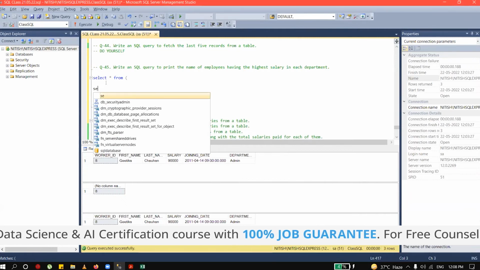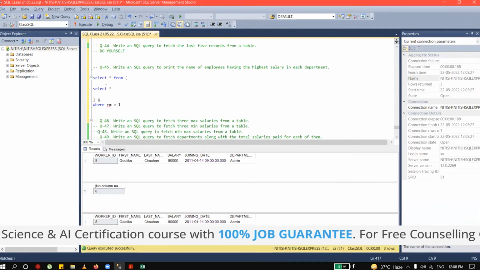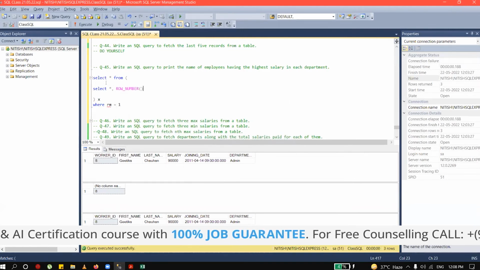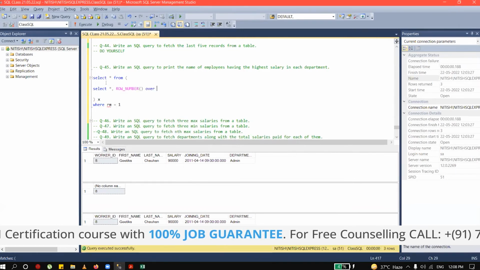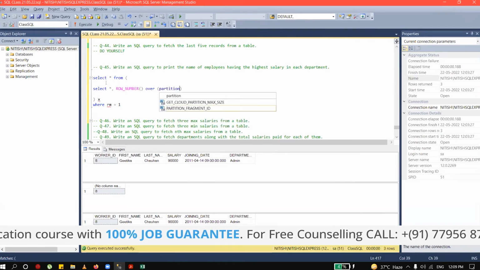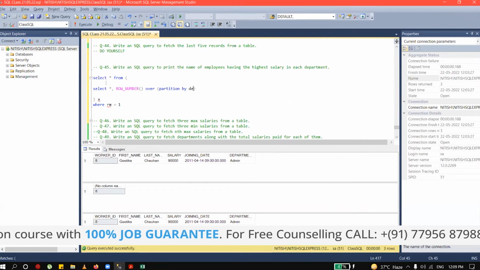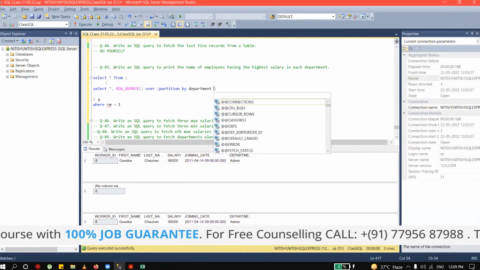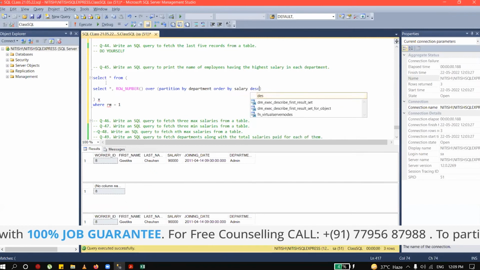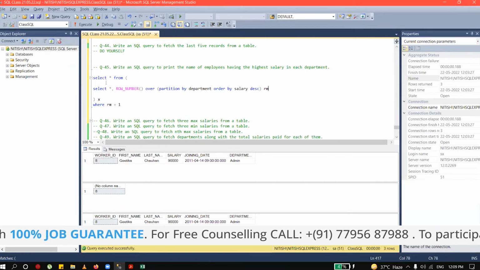Select all the records along with row number over partition by department, order by salary in descending order, and here is RM.